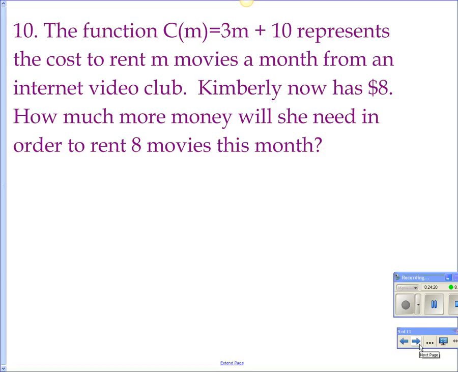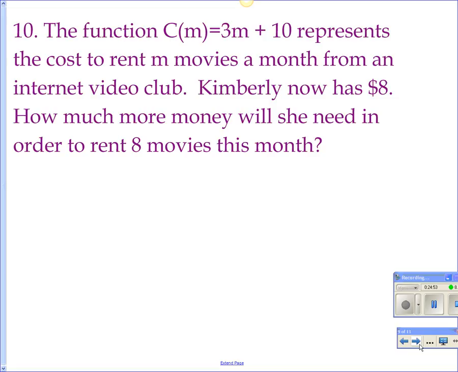Daniel, read that one. Represents the cost of a month for an internet video club. Kimberly now has 8 calls. How much more money she needs to order 8 which? Good.